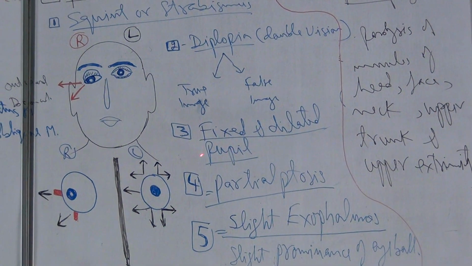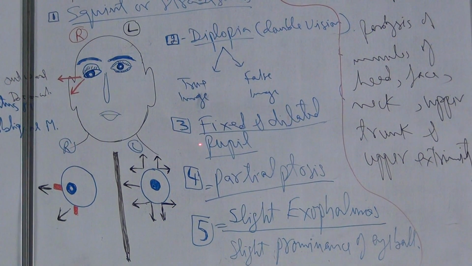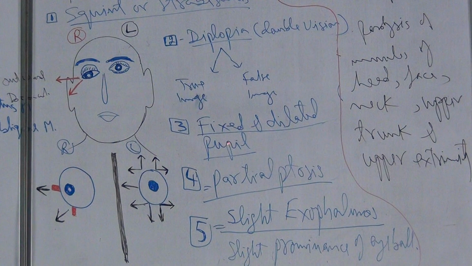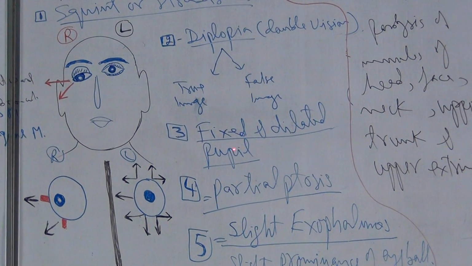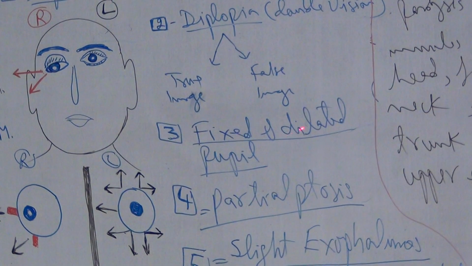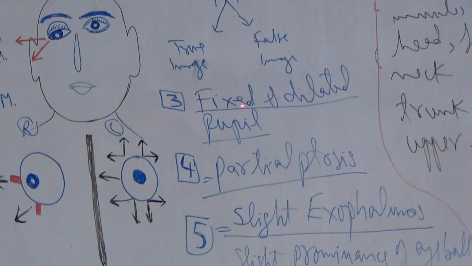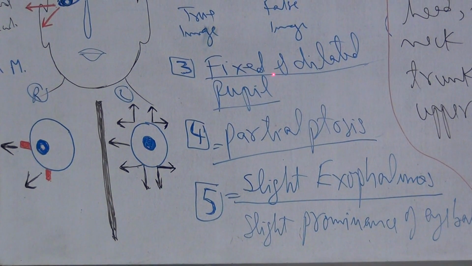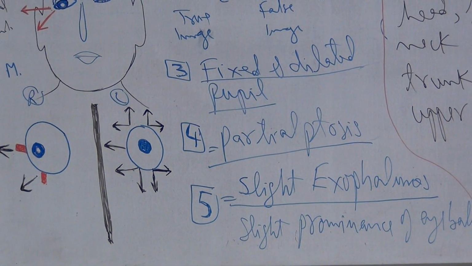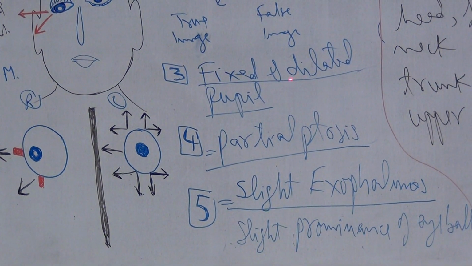The pupil will be dilated because the parasympathetic fibers of the oculomotor nerve are damaged, and the sympathetic innervation of the dilator pupillae muscle is intact. Therefore, the pupil will be dilated and will be fixed. Little or no response to the light.